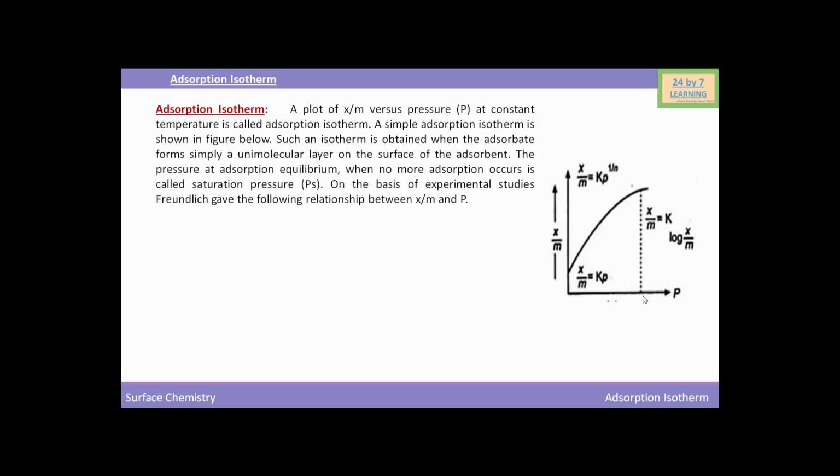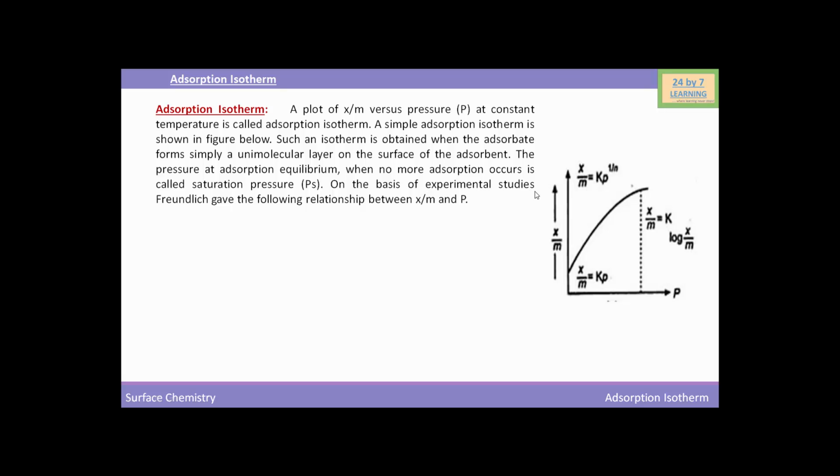The pressure at which adsorption becomes maximum is called saturation pressure or equilibrium pressure. So this is the saturation pressure. At this pressure, the amount of gas adsorbed becomes equal to the amount of gas desorbed, so that extent of adsorption becomes constant even though the pressure is increased. This state is called saturation state and the pressure is called saturation pressure.